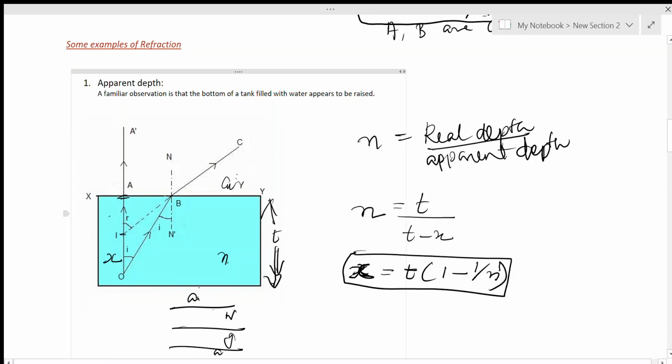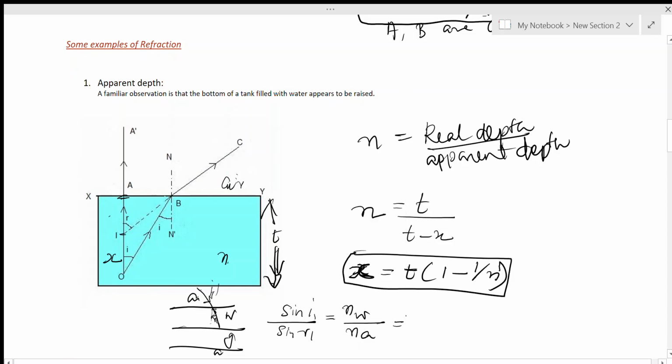Then you have to take the first angle and its refraction angle, that is I1 by R1, that is sine I1 by sine R1, which will be equal to n of water divided by n of air, or you can say NWA, second medium to the first medium, NWA.